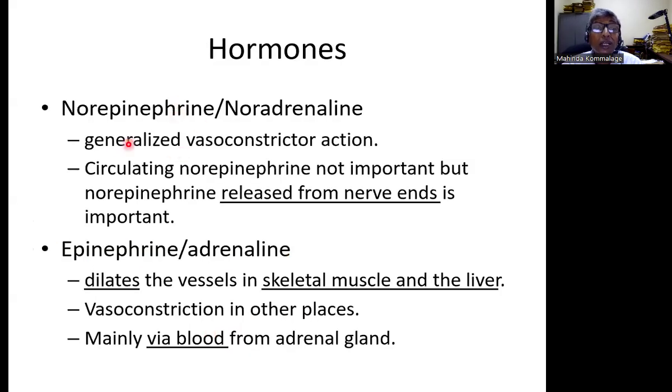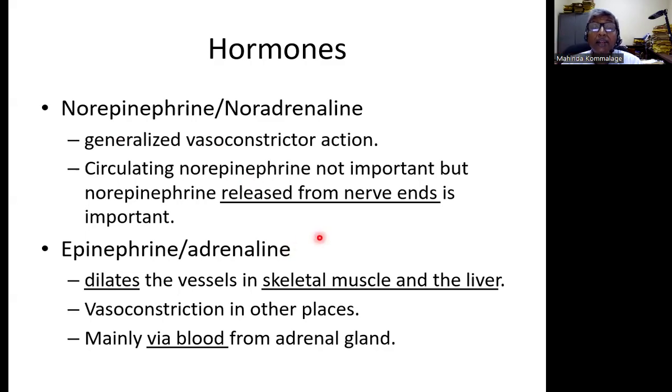So these hormones are, again, as I mentioned earlier, noradrenaline or norepinephrine, secreted from nerve endings in the sympathetic nervous system. In addition to that, noradrenaline will be secreted from the adrenal gland, the adrenal medulla, right?